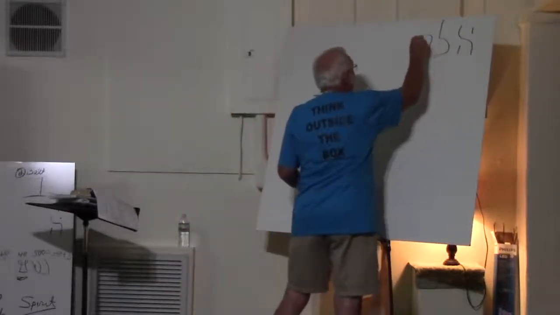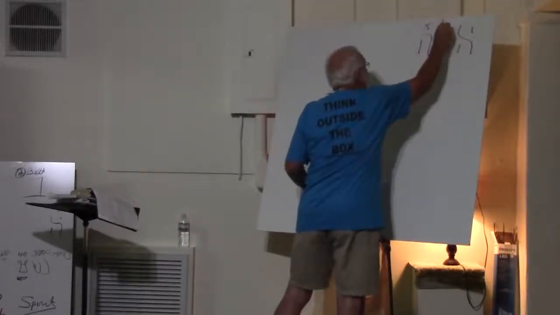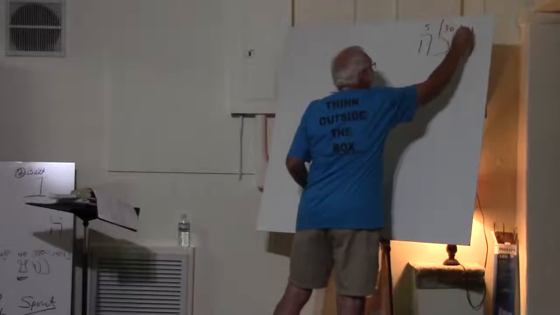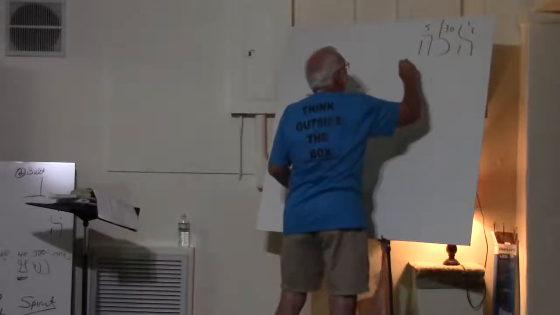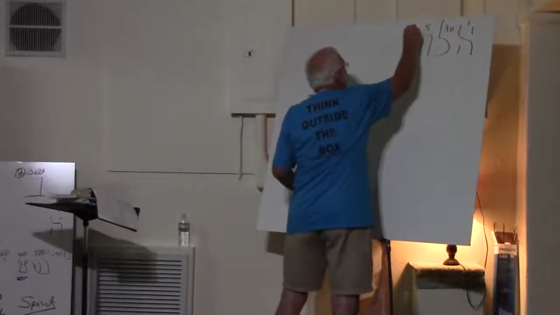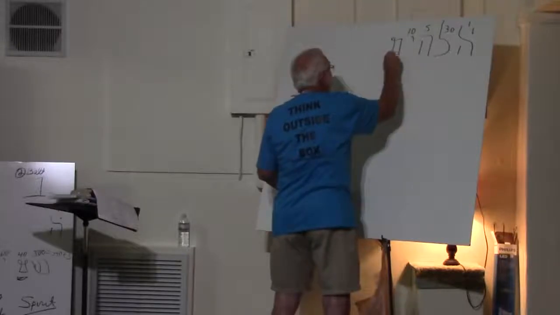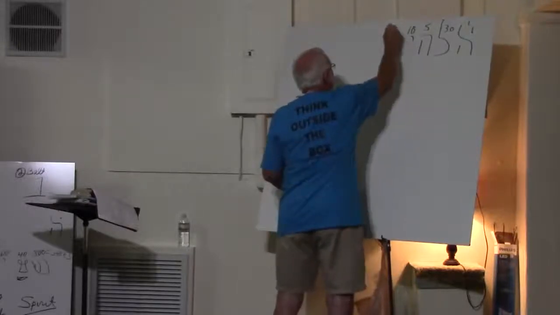H in Hebrew is the Hay, and this has a 5 value. This has a 30 value. This has a 1 value. Yud, that we talked about, has a 10 value, and then Mem has a 600 value.